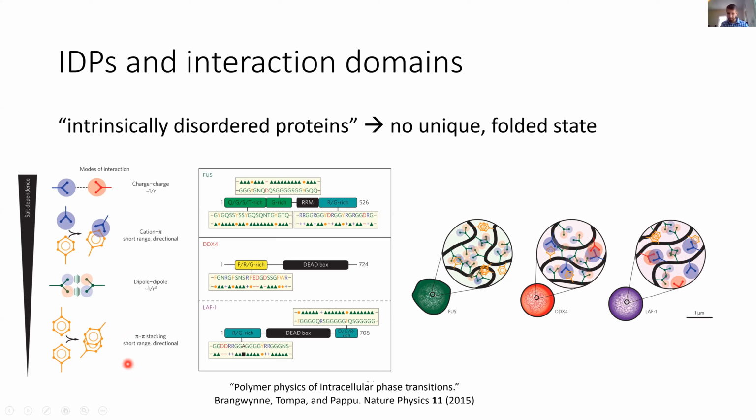And these are just interaction domains on the level of single amino acids in an IDP. You can also have longer parts of proteins, which are themselves interacting motifs, or you can even have much more complicated cases where each interaction domain is itself a pretty complicated protein that's linking together.